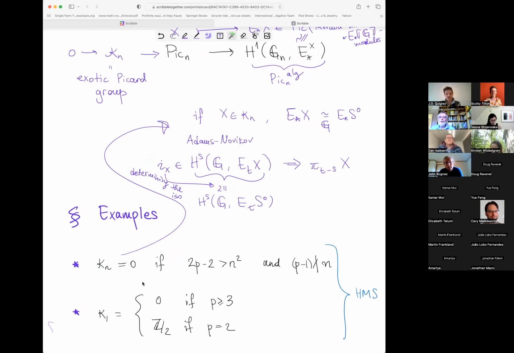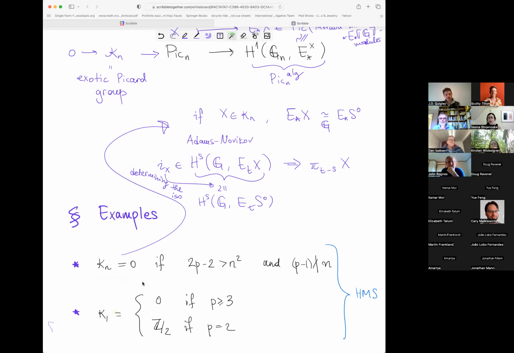So the moral of that is that kappa n is somehow interesting when the homotopy situation is complicated, when the prime is small. When n is 1, everything is known. And again, the algebraic Picard group is known.